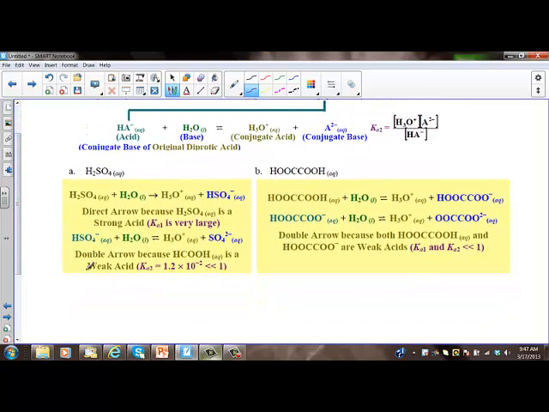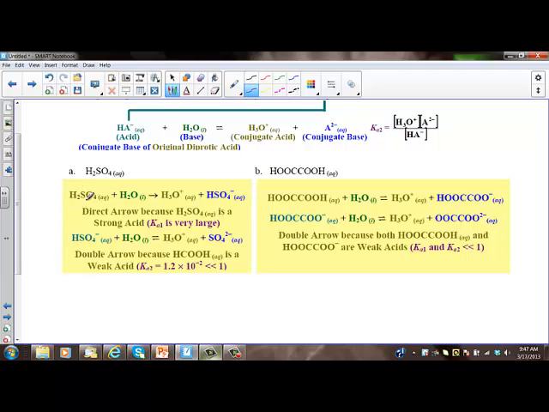And what we'll find as we go along is that as the subsequent H's are removed, it really doesn't affect the overall concentration or pH of the resulting solution. It's really the first one that does all the work, and you'll see that as we get to polyprotic acids and we do some calculations with them.